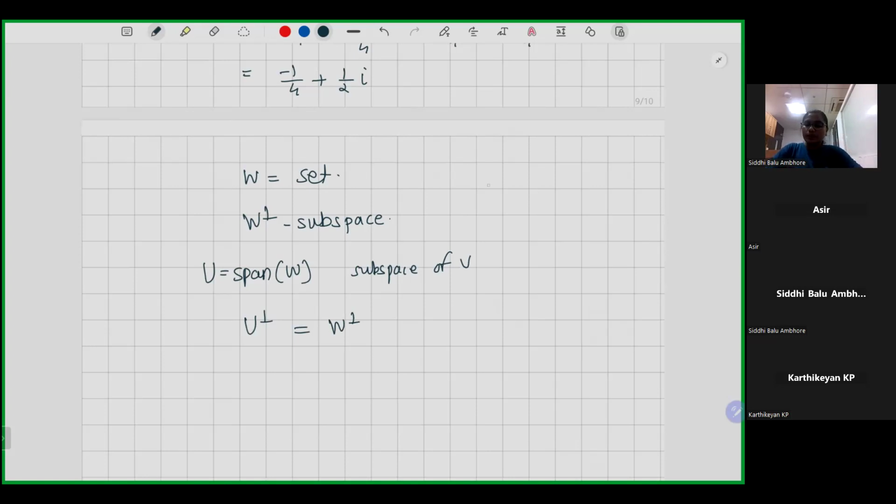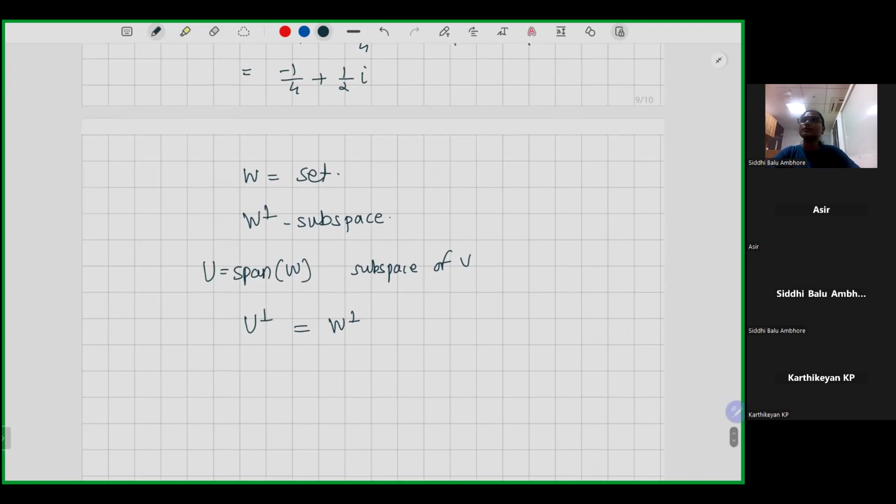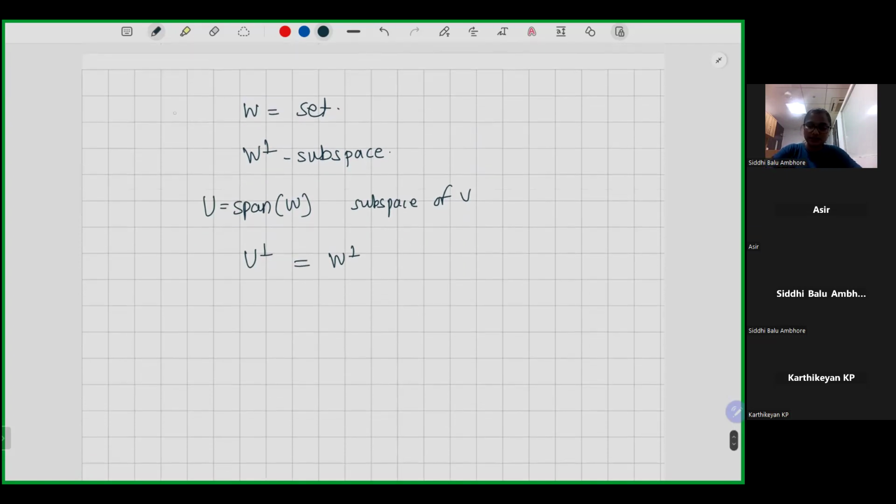If an element is orthogonal to some set, then it will be orthogonal to all the elements spanned by that set. I just wanted to make this clear here.